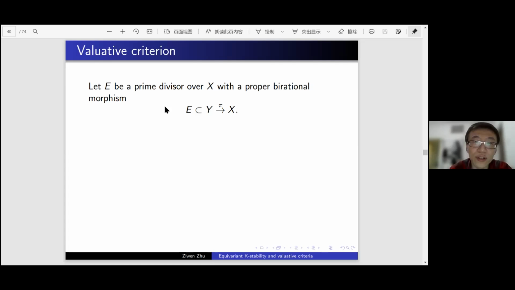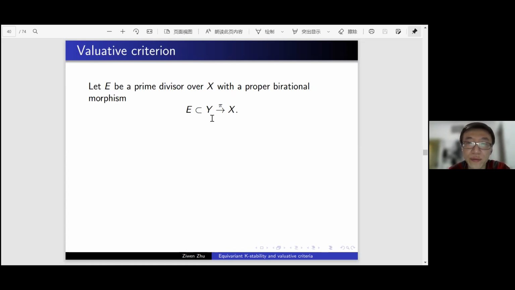Now let me look at a prime divisor E over X. We have a birational model Y, a birational morphism from Y to X, and E is a prime divisor on Y. This is the setting where we call E a prime divisor over X, as long as we can find a birational model over X on which this prime divisor is indeed a divisor.